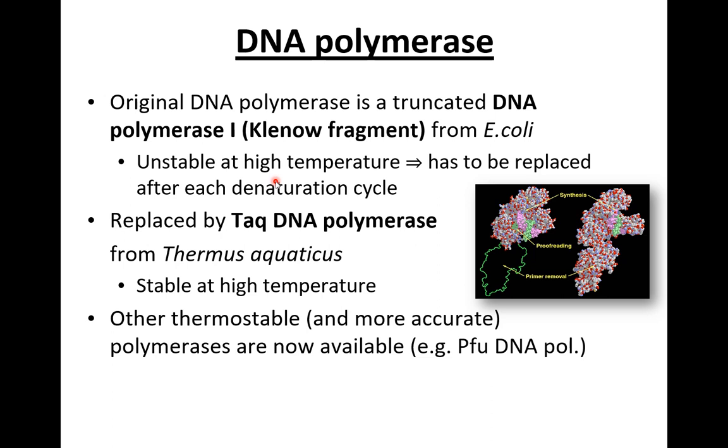Now there are modified versions of Taq DNA polymerase done by different companies with their own names. And there are also other DNA polymerases discovered from other organisms. The main one is usually Pyrococcus, a different type of bacteria, which is thermostable as well. The common new DNA polymerase used now is Pfu, which is from Pyrococcus furiosus.